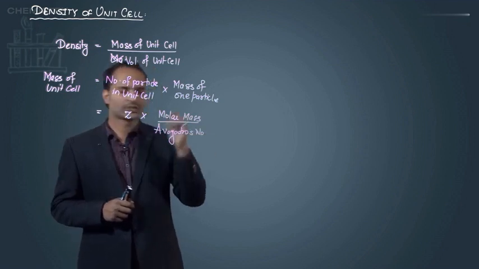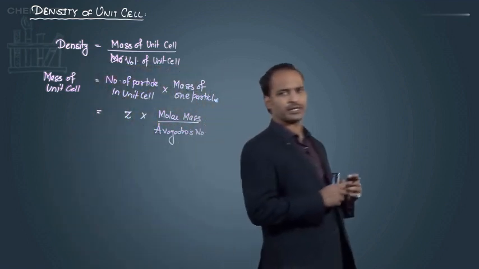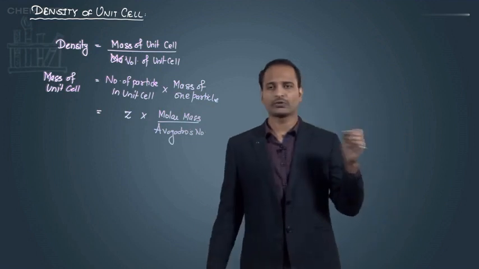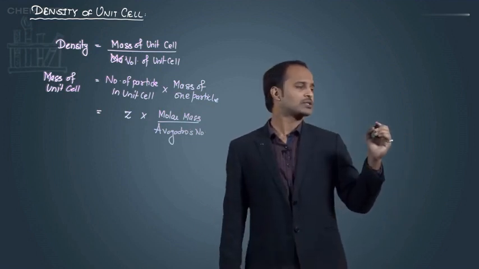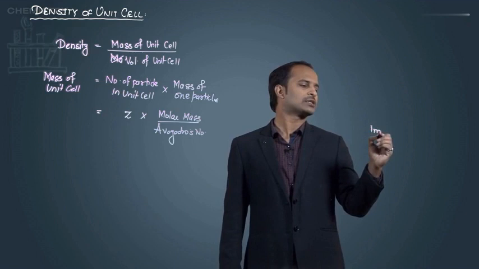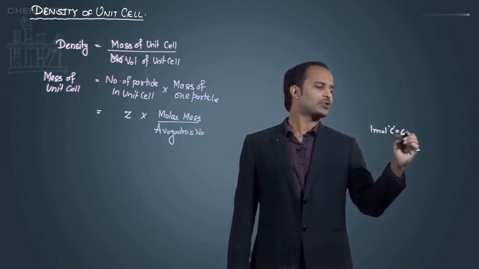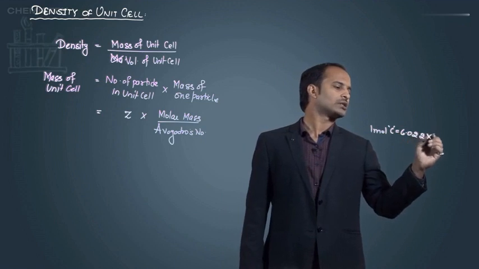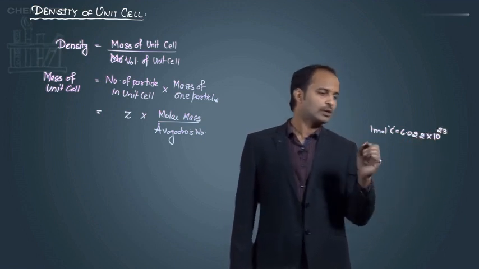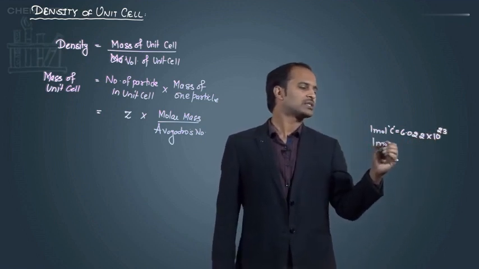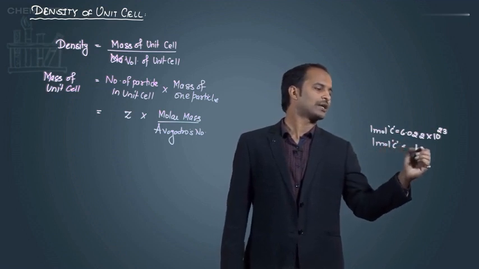Why am I using this formula? A simple reason behind it: suppose I wanted to know the mass of one carbon atom. I will consider 1 mole of carbon, which contains 6.022 into 10 raised to 23 carbon atoms, and the mass of 1 mole of carbon is equal to 12 gram.